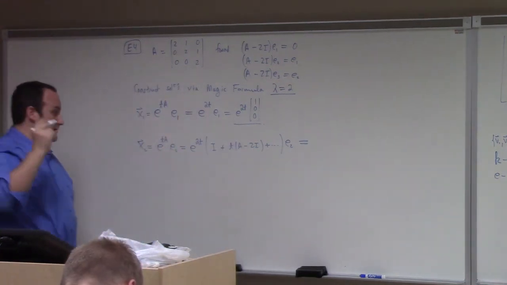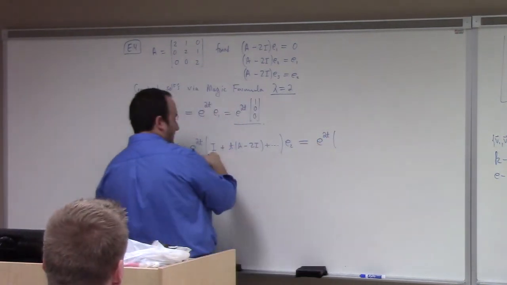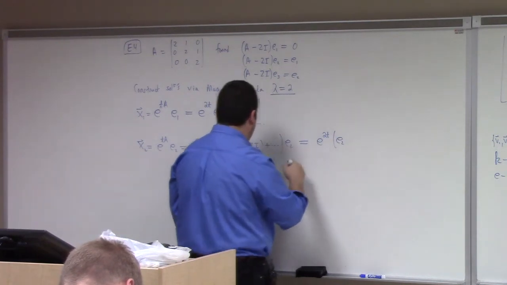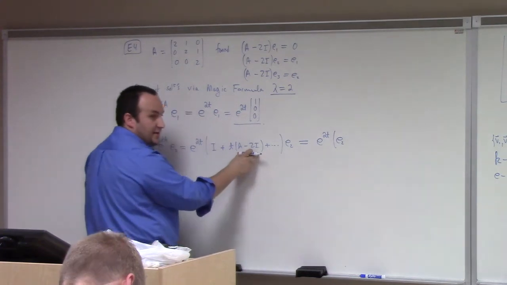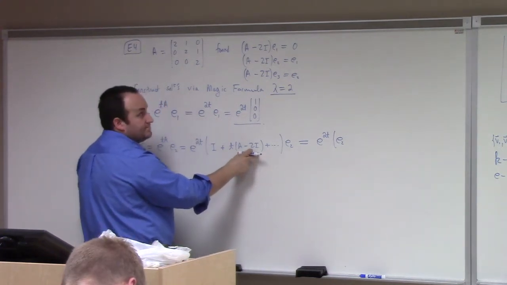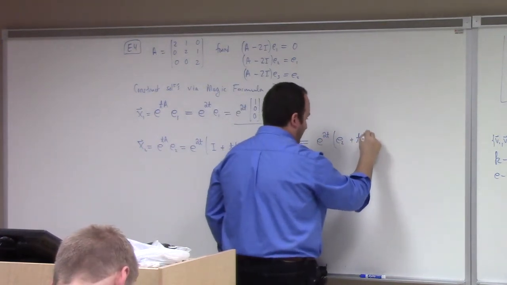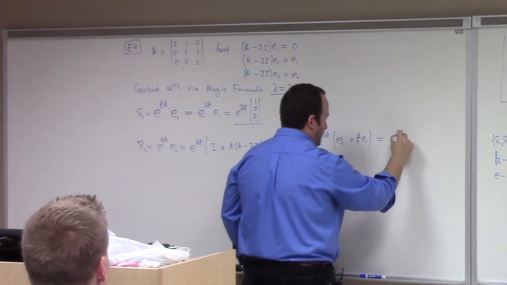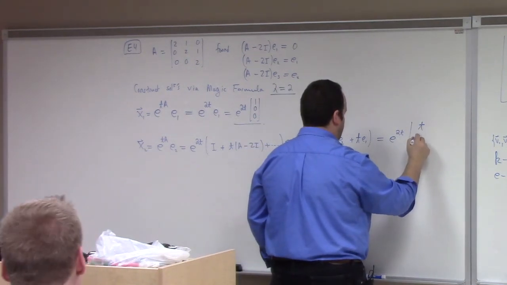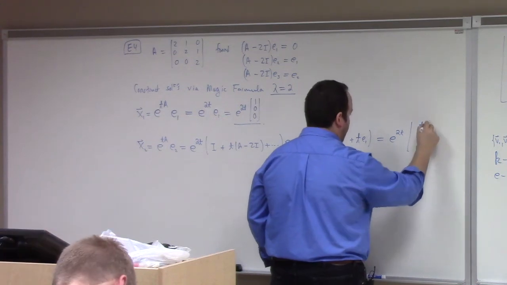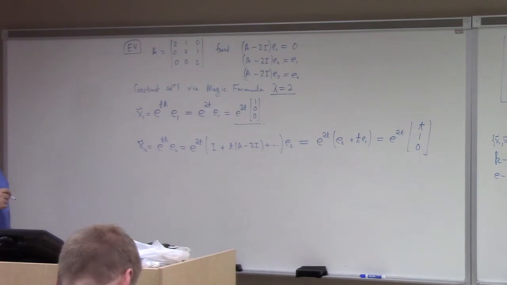So we get e to the 2t, I times e2 just gives me e2. What happens when I hit e2 with A minus 2I? We get e1. So I get plus t e1. Explicitly, that's e to the 2t times (t, 1, 0). There's my second solution.